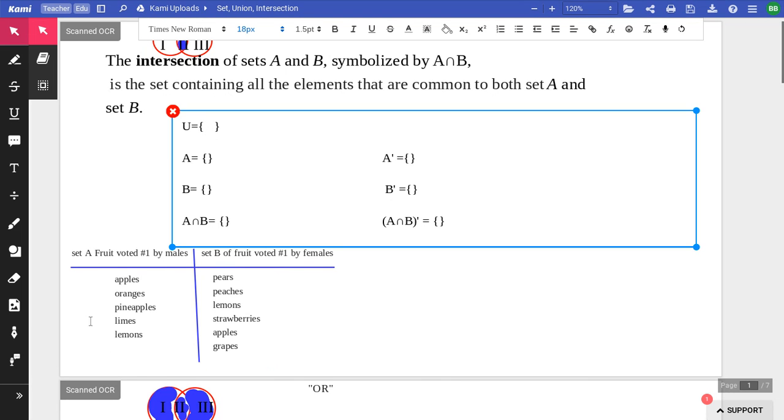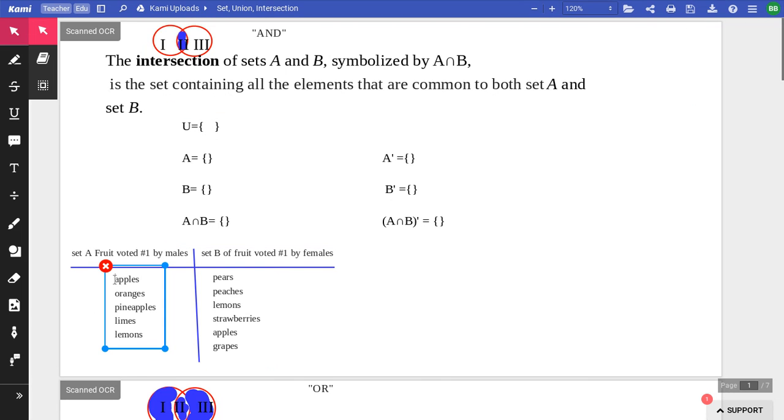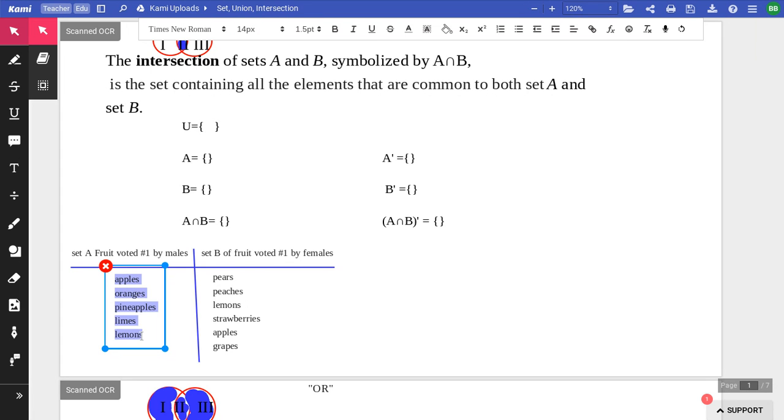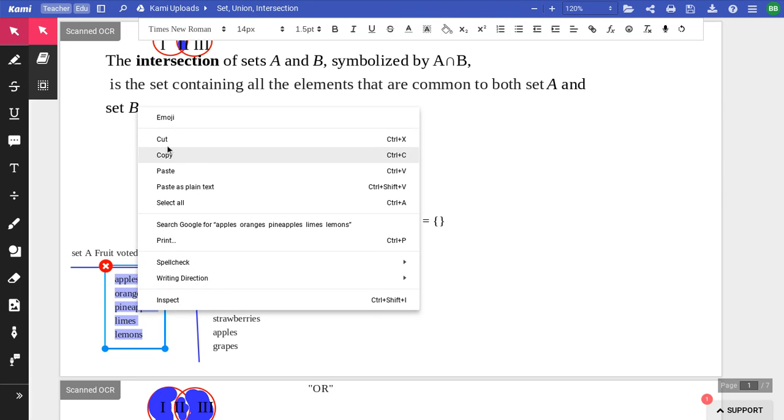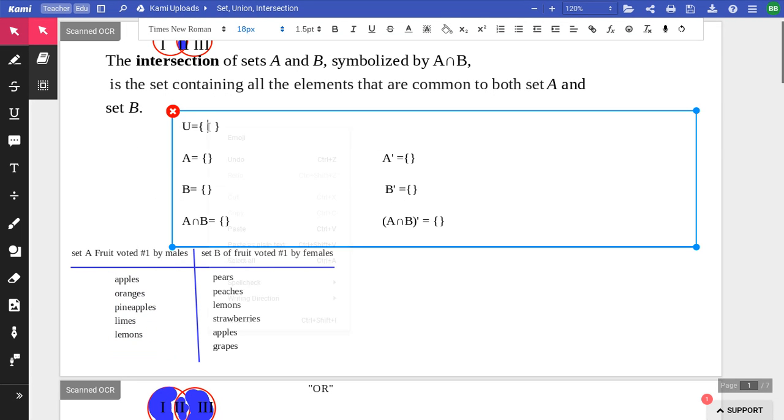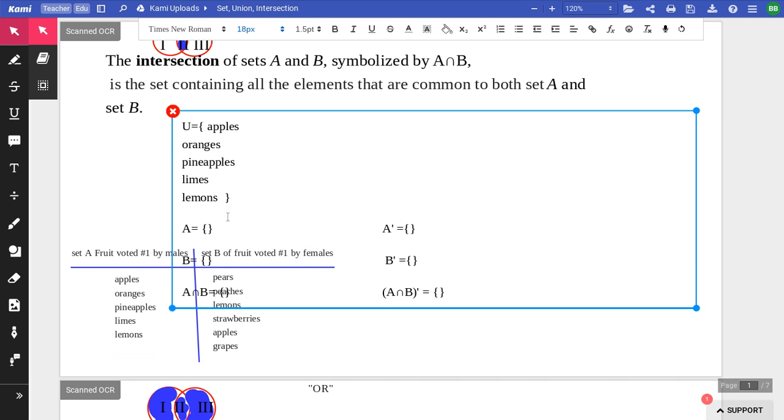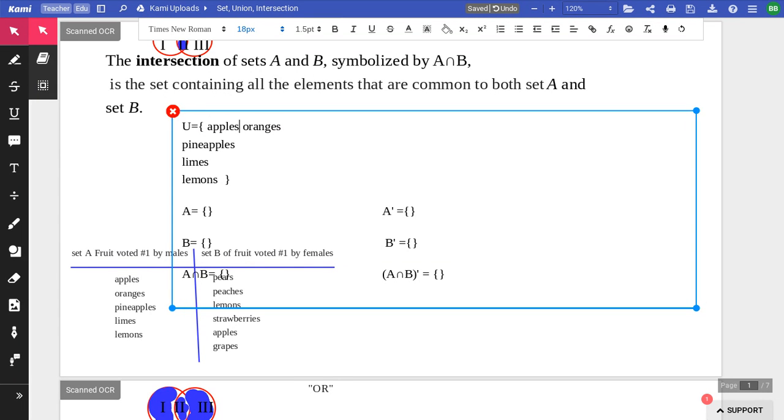So we have apples, and we have oranges, pineapples, limes. Let's go ahead and list all of these. And once it's on here once in the universe, you don't have to list it again.